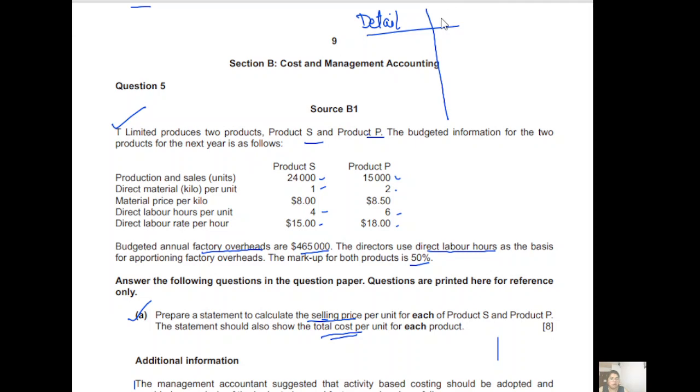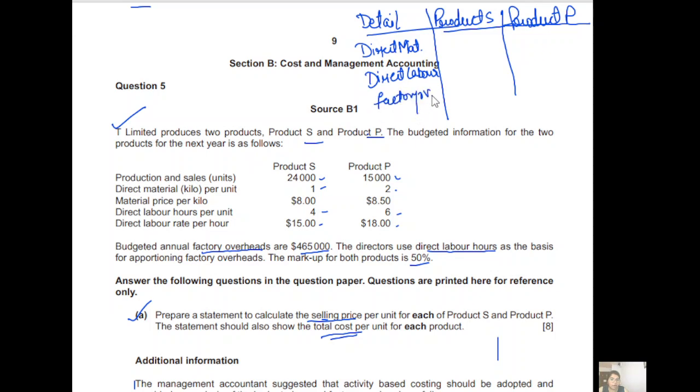Then we have two products, the first product is S and the other product is P. First is your direct material, write down your direct material, then your direct labor, then your factory overhead.